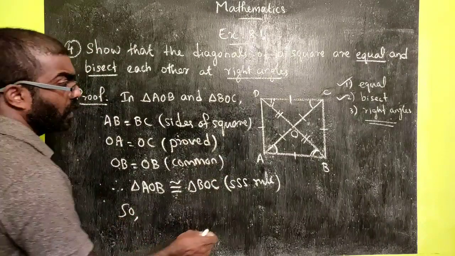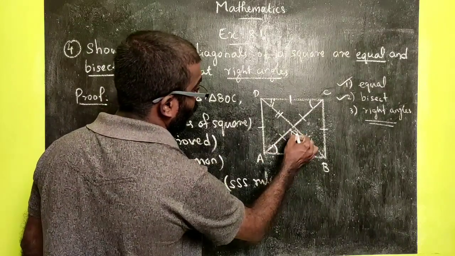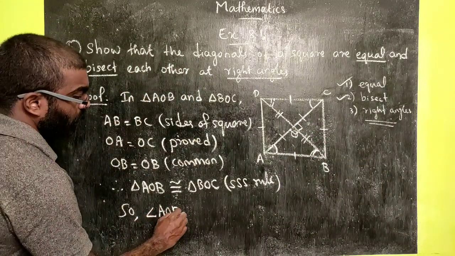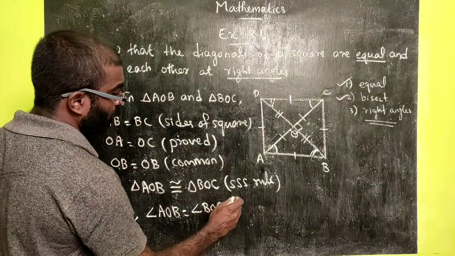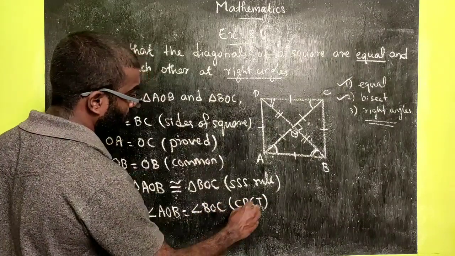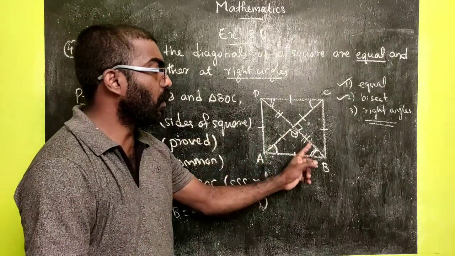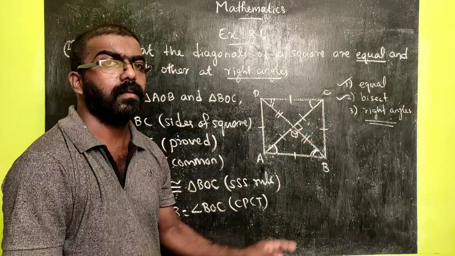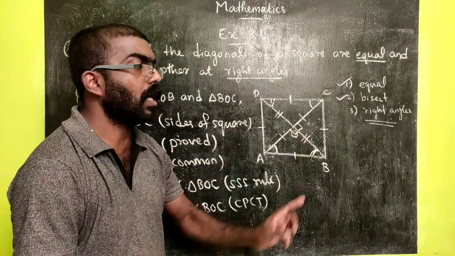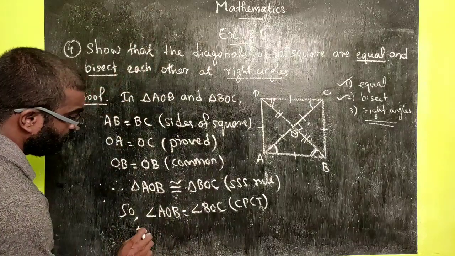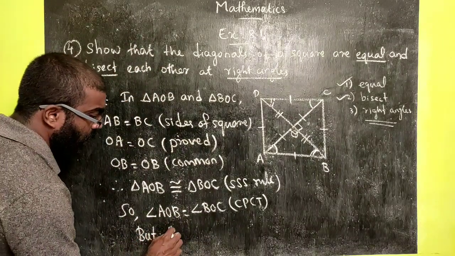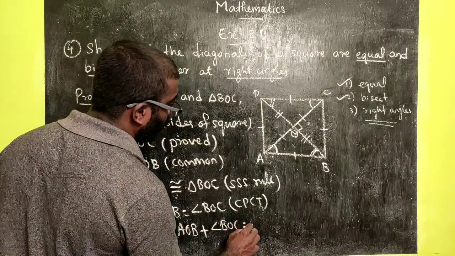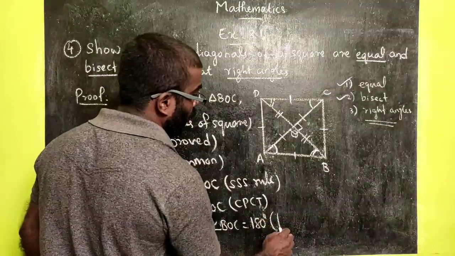And by CPCT we can write angle AOB equal to angle BOC. But angle AOB and angle BOC are linear pair of angles. So we can write the sum of these two angles will be equal to 180 degree, by linear pair axiom.